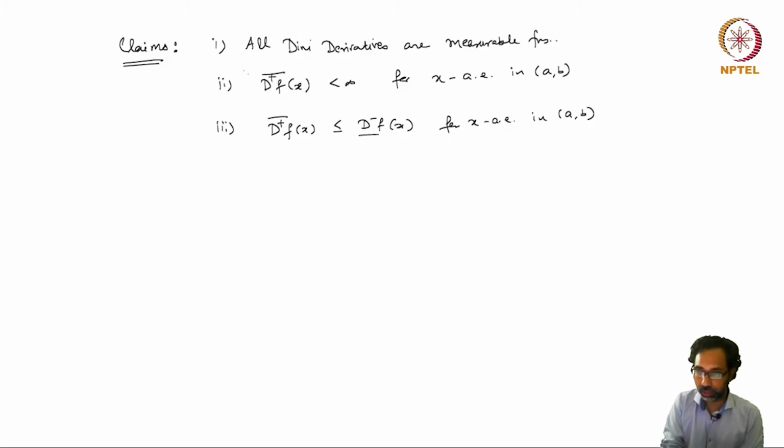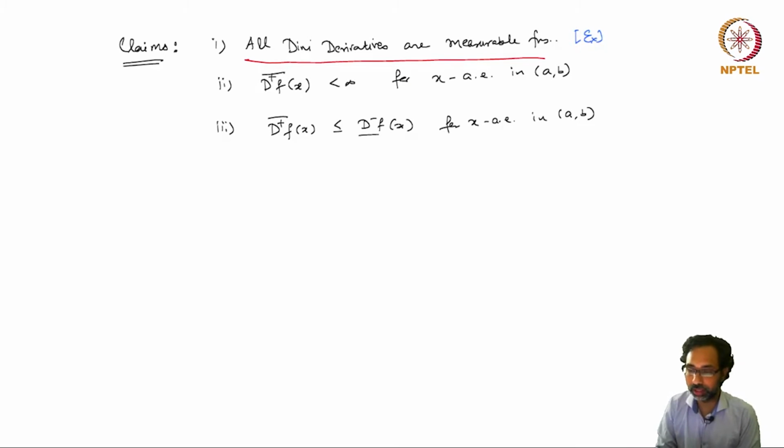The first one is that all these Dini derivatives are measurable functions. I am going to leave as an exercise to show that these are in fact measurable functions, using similar arguments to those we used to show that the lim sup and lim inf of a sequence of functions are measurable, except that here, when h goes to 0, you have to choose a countable sequence.